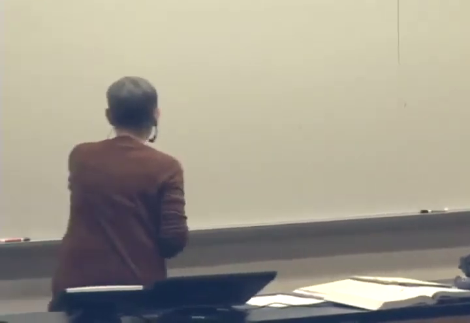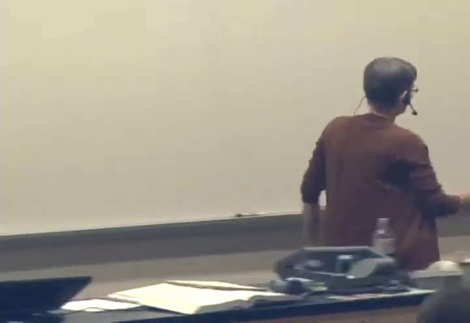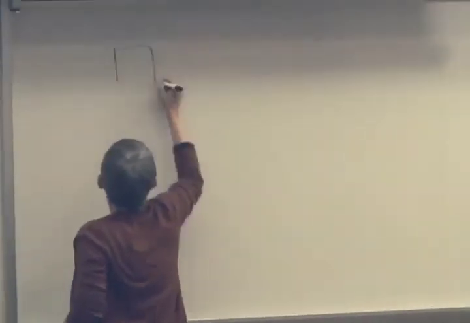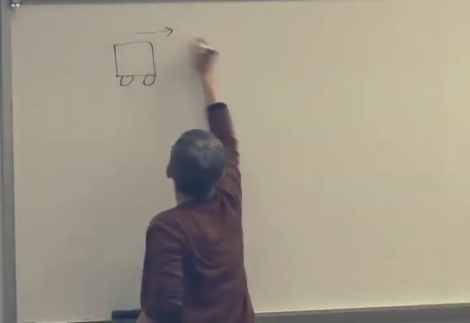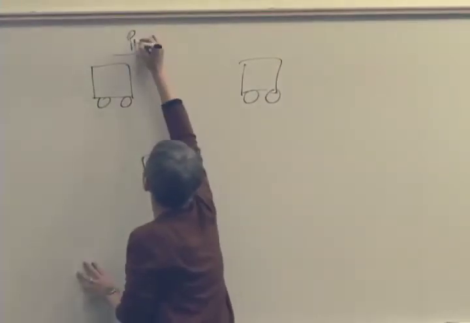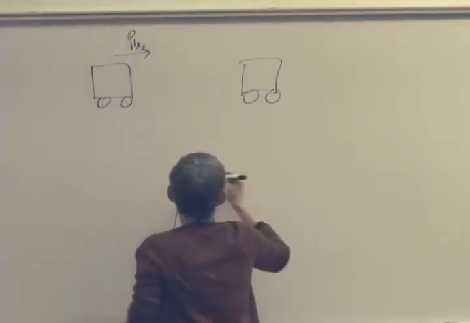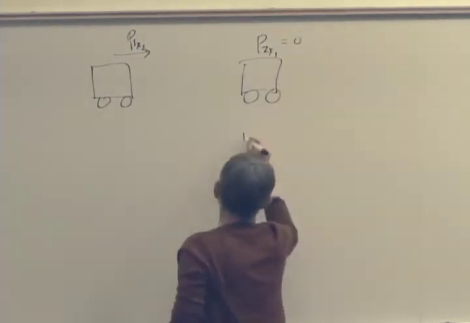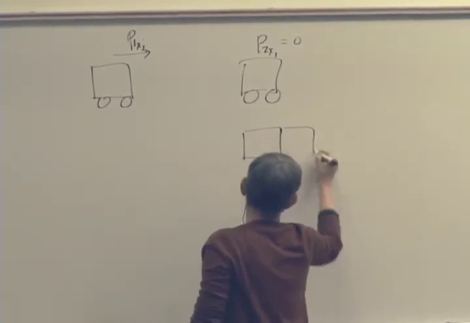Okay, so let's predict what we're going to see for an inelastic collision. So what we're going to have here is the same initial situation. One card at rest. So that's P1 initial. But then they're going to stick together.